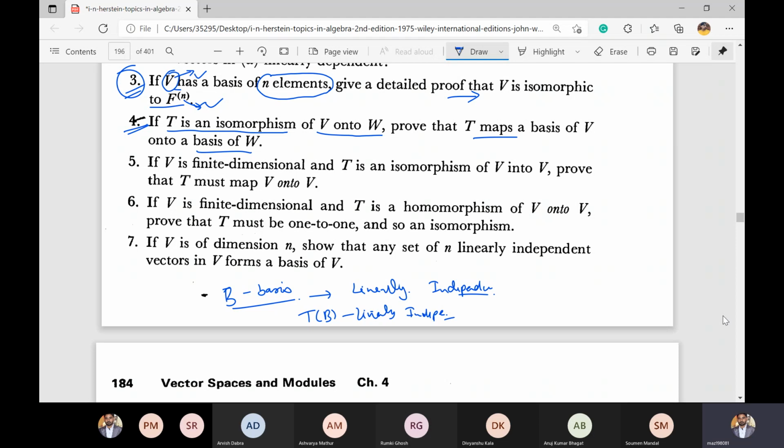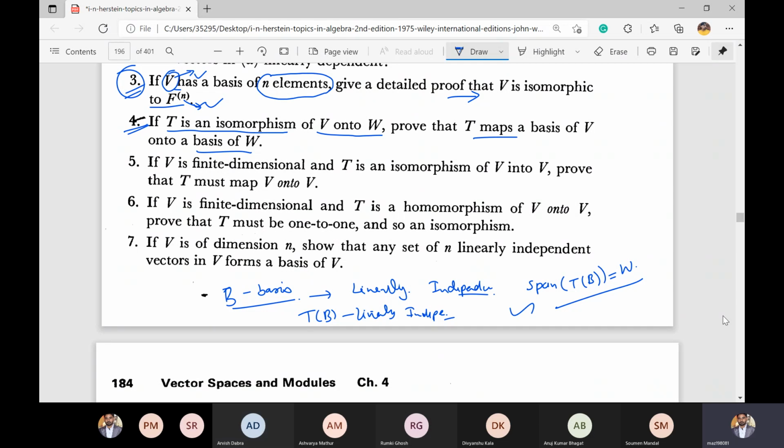Now for spanning, how will you prove that T of B spans W? Even in spanning, when we take the linear combination, it is a finite linear combination of elements of a basis. For those elements, we can take the image, using the onto property that we have done already. Correct.